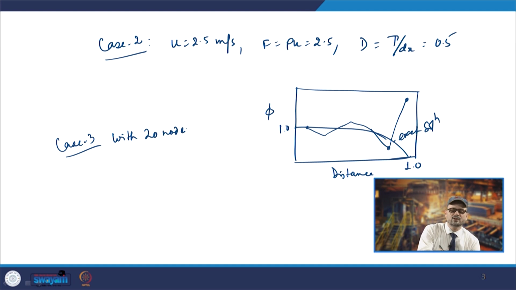With 20 nodes, the control volume width delta x will be smaller. Earlier you had delta x as 1 by 5, 0.2. Now delta x becomes less, so it will be 1 by 20, which is 0.05.